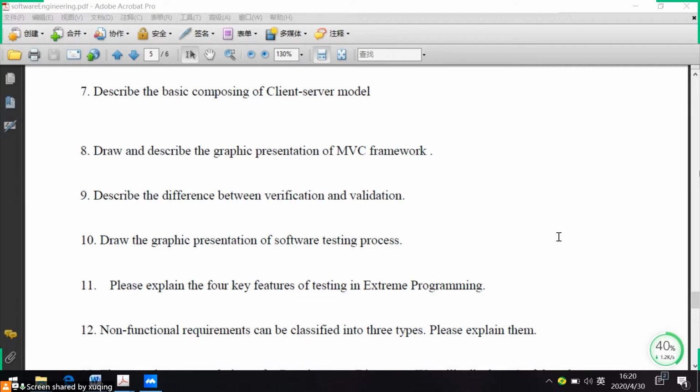Thank you, Saji, but a little deviated from the question. We should describe the basic composing of client-server model. That means the components of this model.